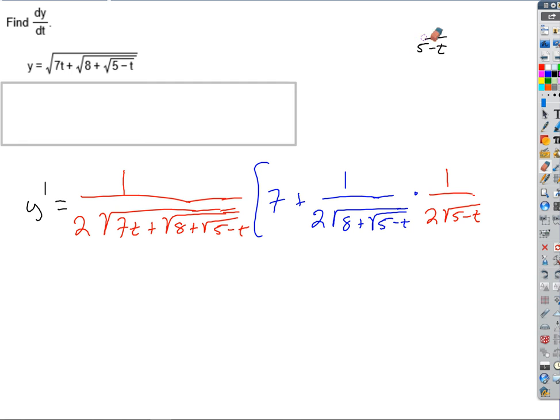And then finally, we're inside that radical, and what's the derivative of 5 minus t? Derivative of 5 is 0. Derivative of negative t is -1.